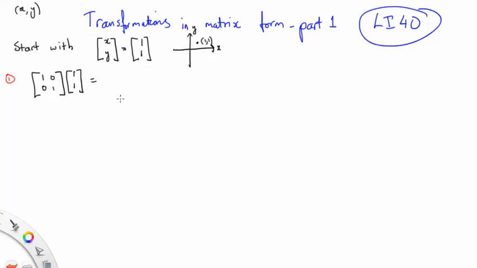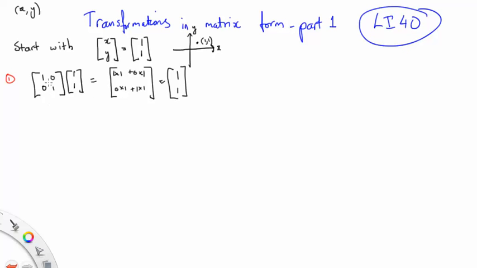Just to remind you how to multiply matrices, I'm going to do this the long way. If you don't remember, get out your Year 11 textbook and remember how to multiply matrices, very important. So we do 1 times 1 plus 0 times 1, and 0 times 1 plus 1 times 1. 1 times 1 is 1, plus 0 times 1, so that's just 1, and that's just 1 as well: 1 1.